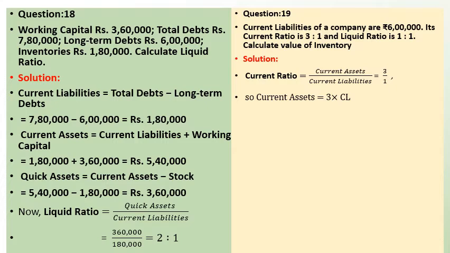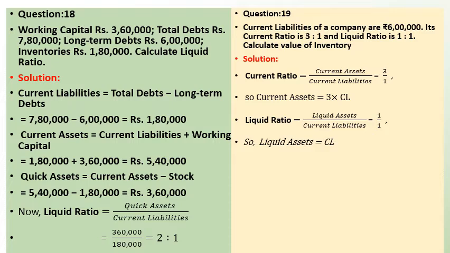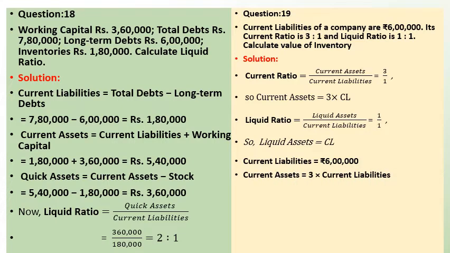Now liquid ratio is equal to liquid assets by current liability, which is given 1:1, and by cross multiplying we'll get liquid assets is equal to current liability. Now current liability is already given 6 lakhs, so therefore liquid assets is also 6 lakhs.